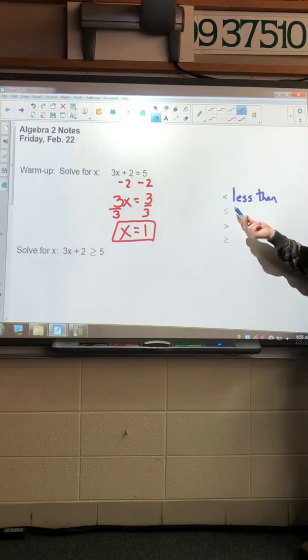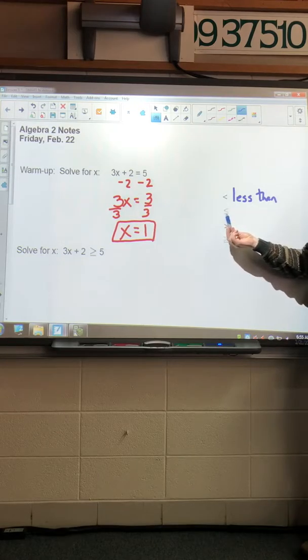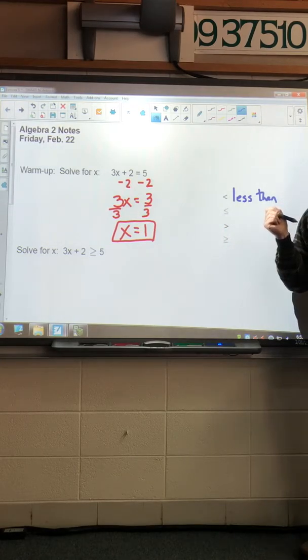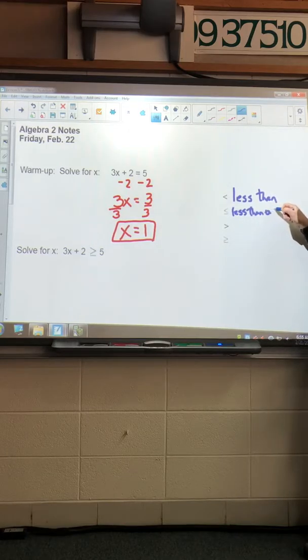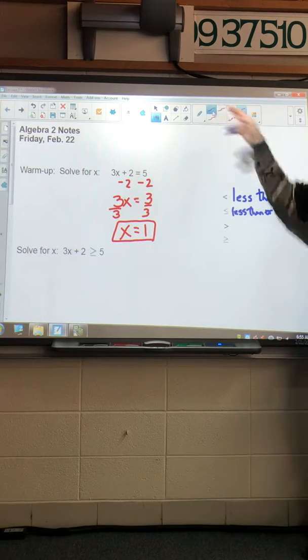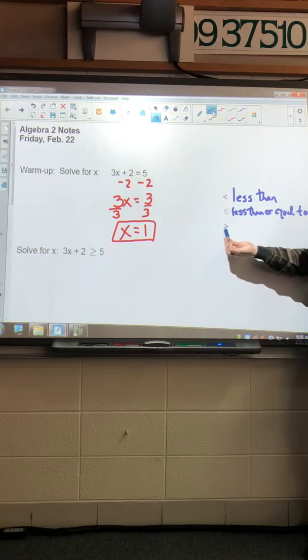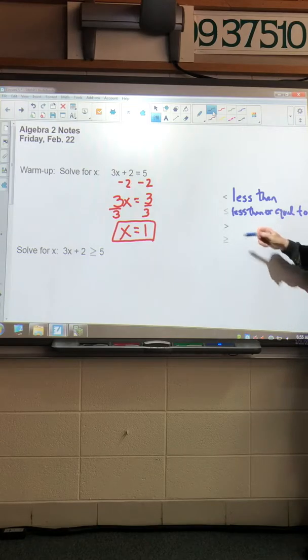Okay, what if there's a less than sign with another little line underneath it? So that extra little line is the equal to, so this would be less than or equal to. And then if it's pointing this way, that would be greater than.